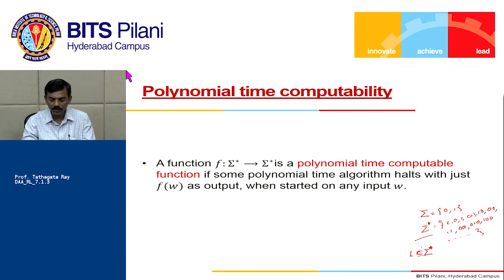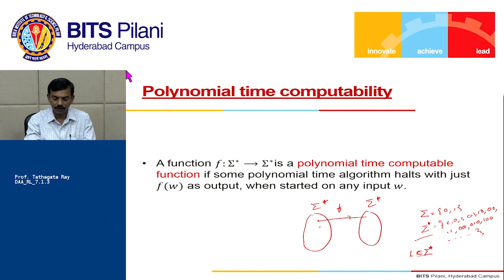So what are we saying? f is a function from sigma star to sigma star. If I have sigma star here and sigma star there, f is a function from here to here. For every point in sigma star, there is a mapping to another point in sigma star. A function f from sigma star to sigma star is a polynomial time computable function if there is some polynomial time algorithm which halts with just f(w) as output when started on any input w.